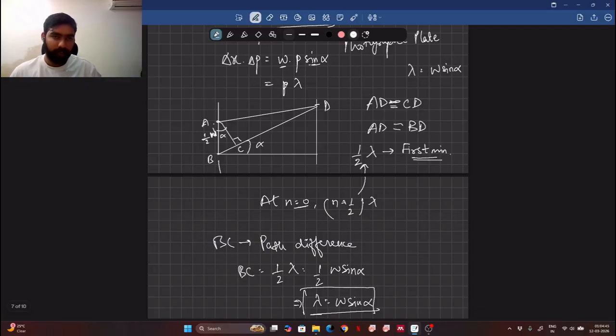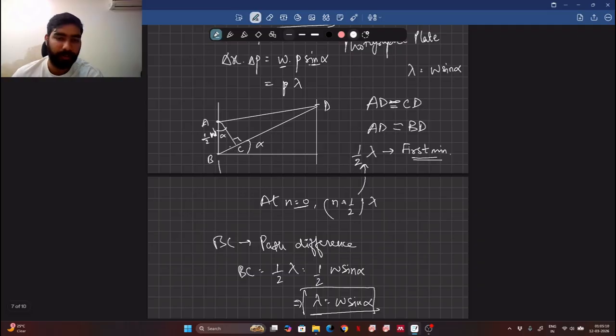We have this triangle ABC, and AD is actually equal to CD, but we are assuming that AD is approximately equal to BD. In that case, in the triangle ABC, the path difference is the difference between AD and BD.